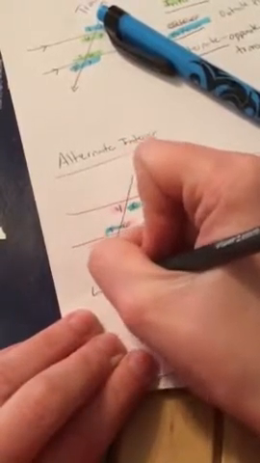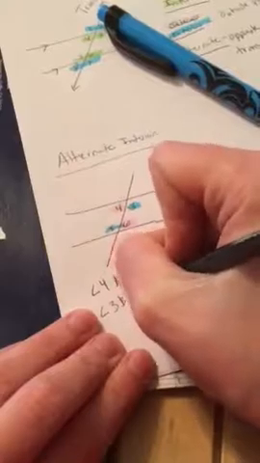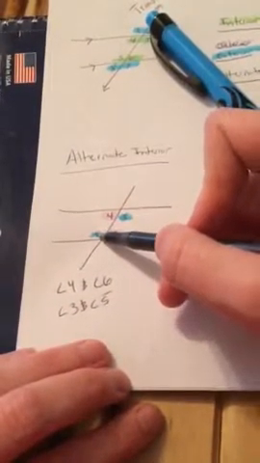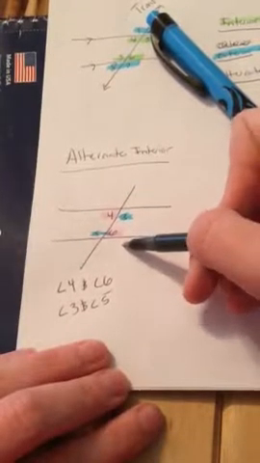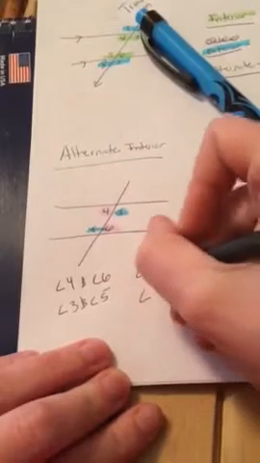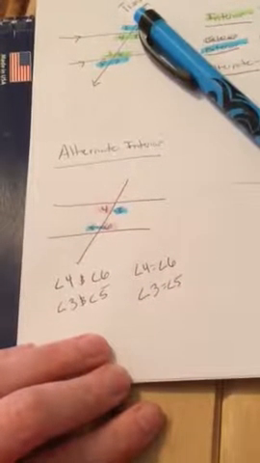Also, what you should know is angle 3 is equal to angle 5, and angle 4 is equal to angle 6. So alternate interior angles are equal to each other.